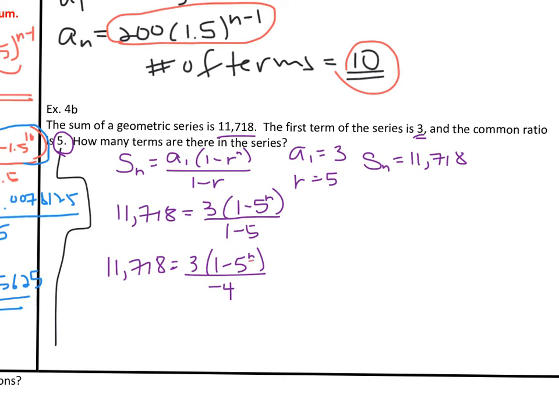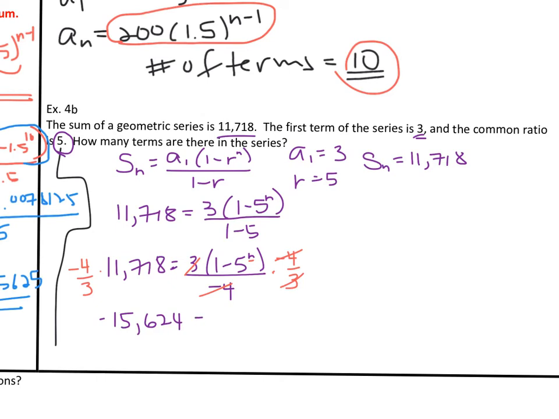What I would do now is get rid of the 3 and the negative 4 at the same time. I'm just going to multiply by the reciprocal. If I do that on the left side and the right side, on the right side the negative 4's cancel and the 3 cancels. On the left side we would get negative 15,624, if we take negative 4 times 11,718 divided by 3.